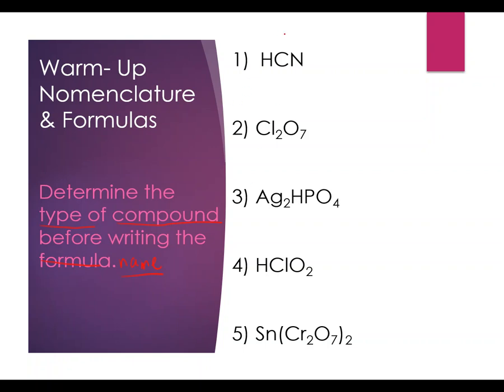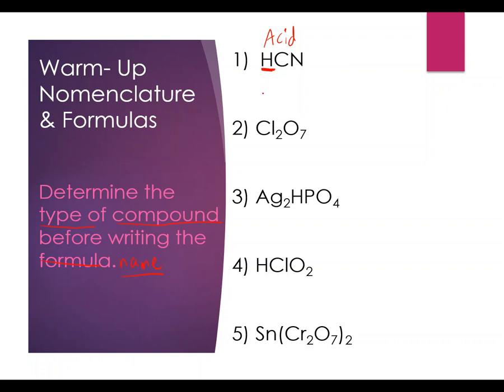Okay. So looking at number 1, what type of a compound is this? Good. The H in front's a big indicator that this is an acid. Very good. Acid. Now, I have to ask myself one question.